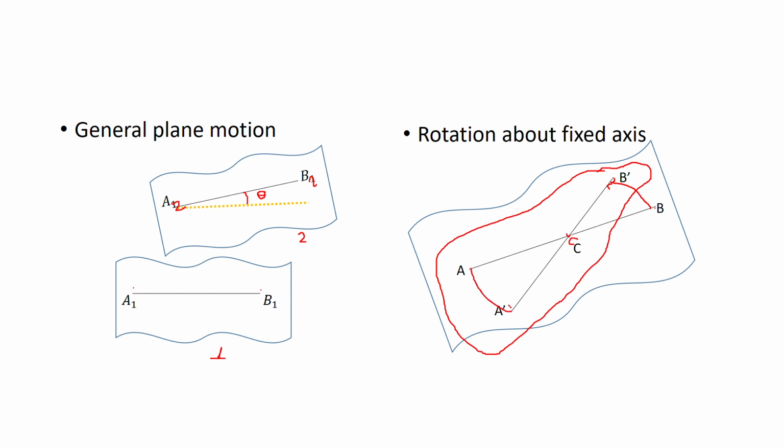In fact, if we choose any other point P here, then P will also move from P to P dash in a circular motion, and the center of the circle is C. So every point on the body will move in a circle about a given center. That is your rotation about a fixed axis.